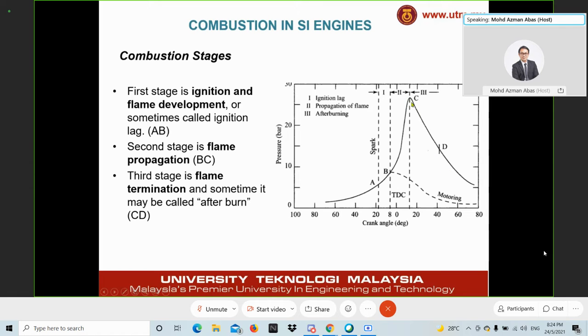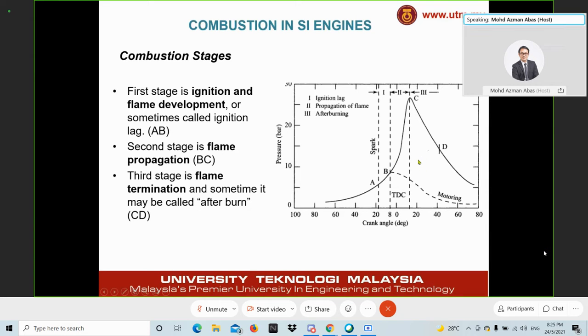This is what they call the flame termination, which is the last phase. It moves from C to D. This is when your combustion starts to die off, or sometimes they call it afterburn. So there you have 3 phases of the combustion process.